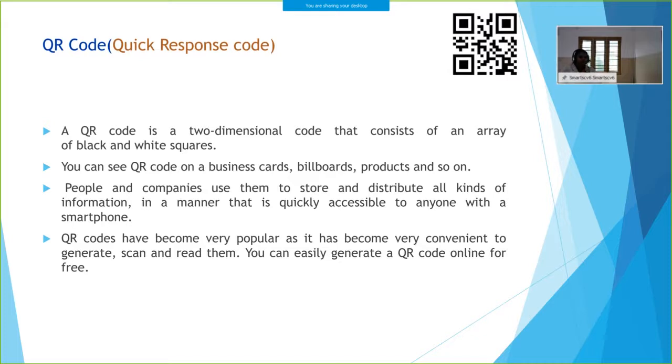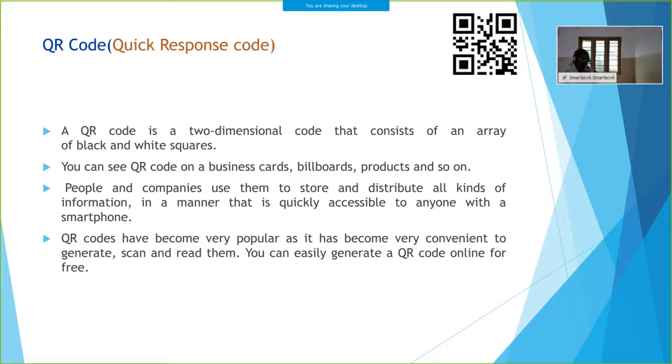All of you please listen to this slide. Most of the contents I copied to this slide, so no need to look at the textbook, just listen here. A QR code is a two-dimensional code that consists of an array of black and white squares. You can see QR codes on a business card, billboards, products and so on.